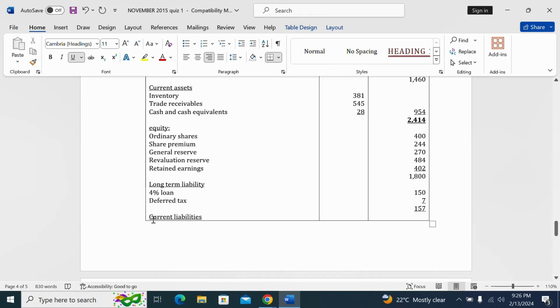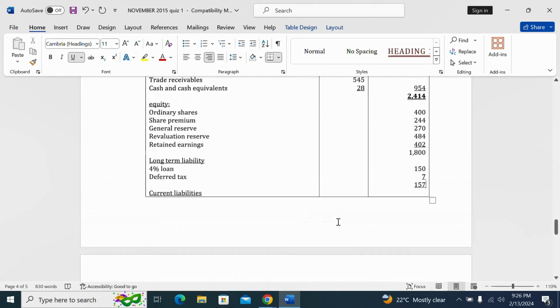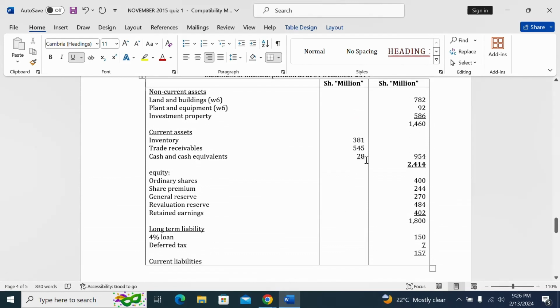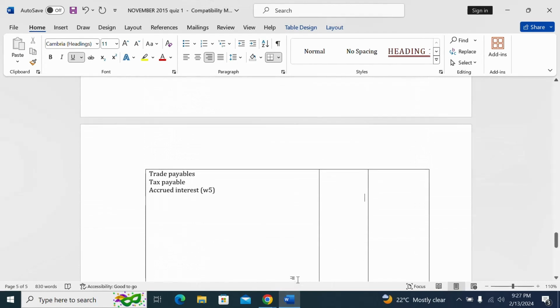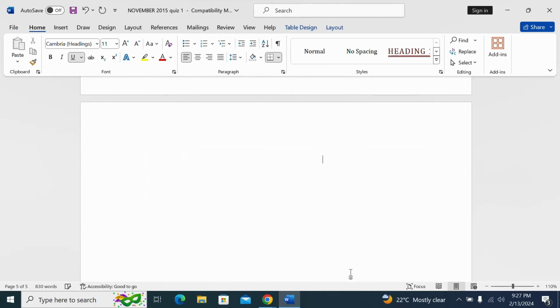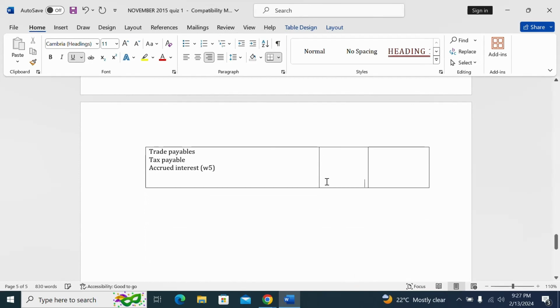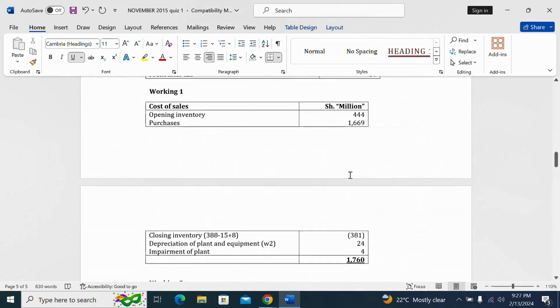Then finally we go to the current liabilities. And current liabilities, we have trade payables. How much is the trade payables from the trial balance?